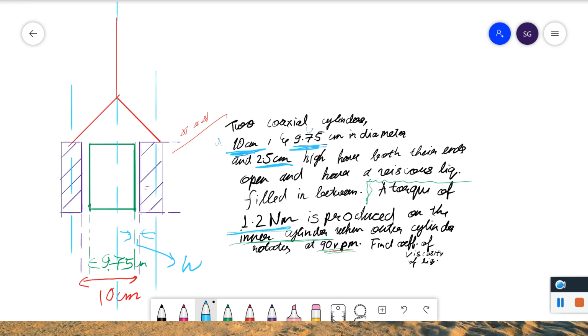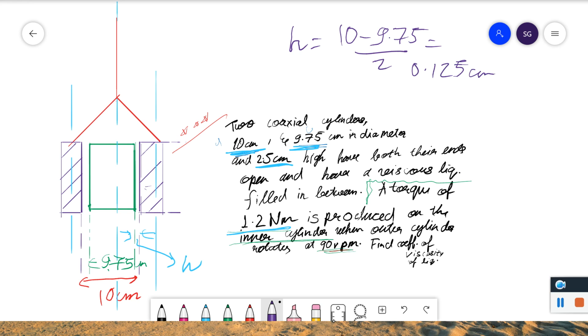So H here is (10 minus 9.75) upon 2, which comes out to be 0.125 centimeter, and as everything is given in centimeter, I will just convert into meter and it will be 0.00125 meter.